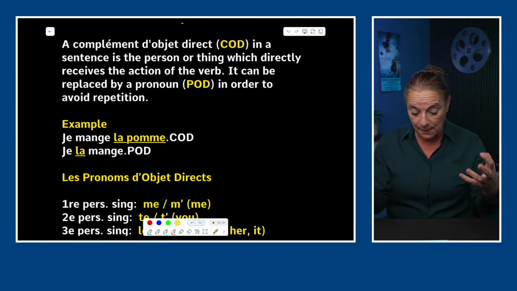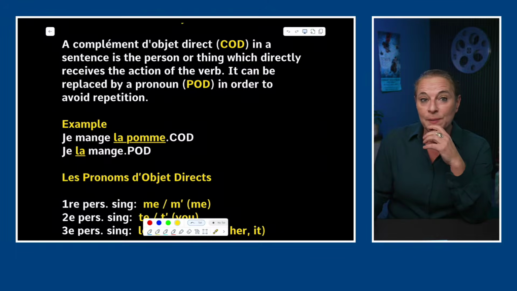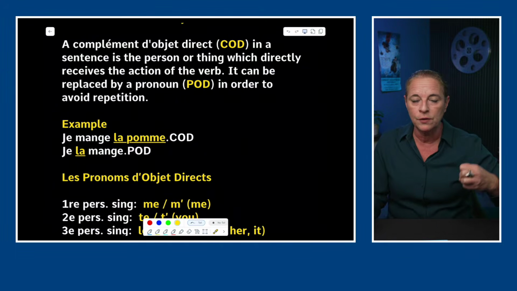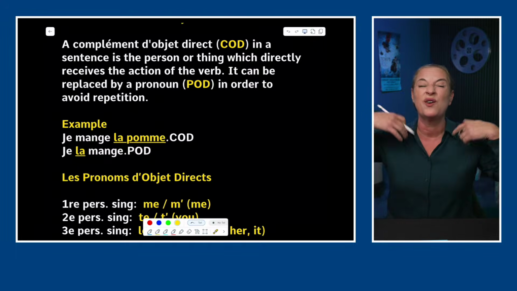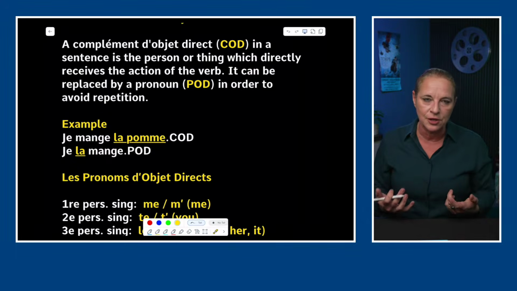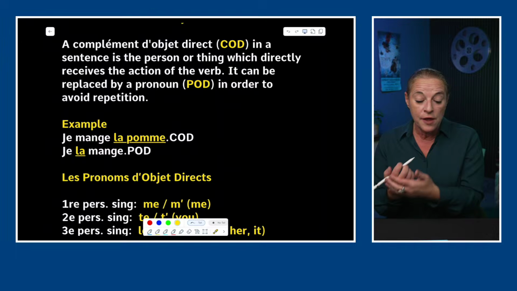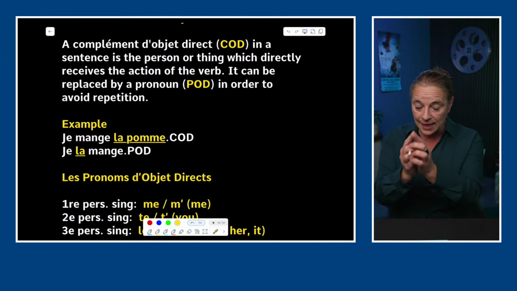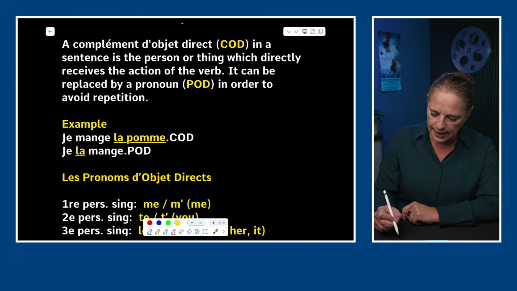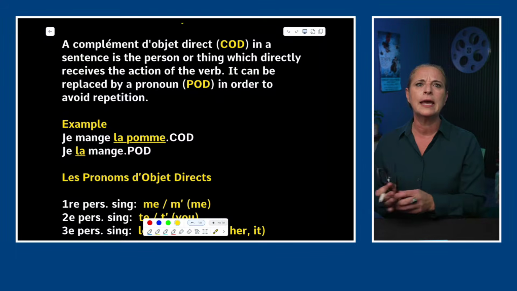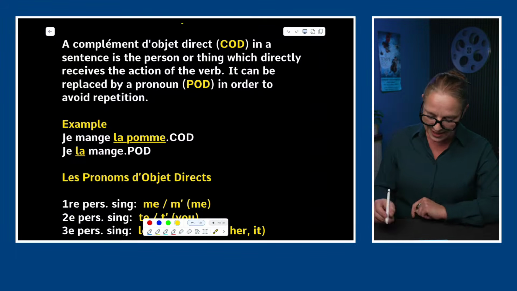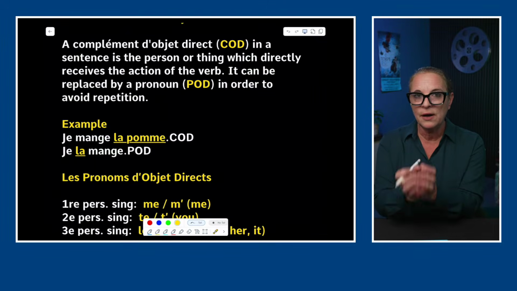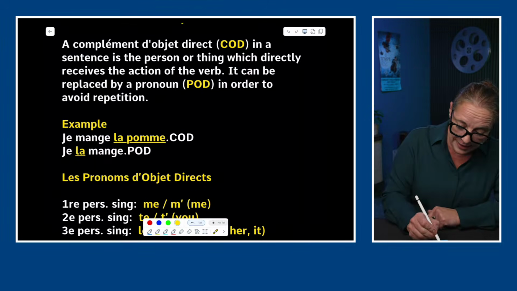It is la pomme. So, if we want to replace la pomme by a pronom d'objet direct in order to avoid the repetition of saying la pomme again, then you need to use what we call the pronom. In this case, because pomme is feminine, you need to keep this as your article. And here it is here.